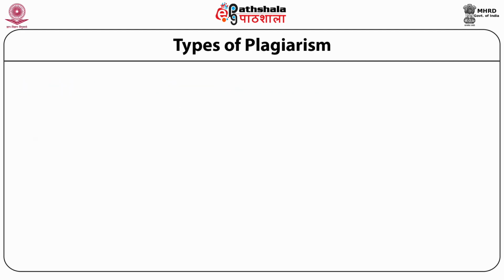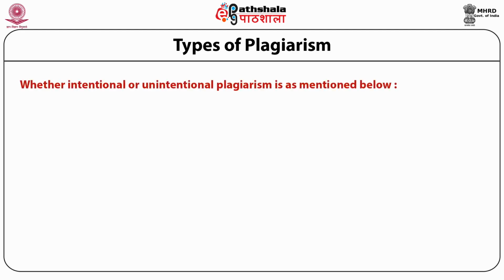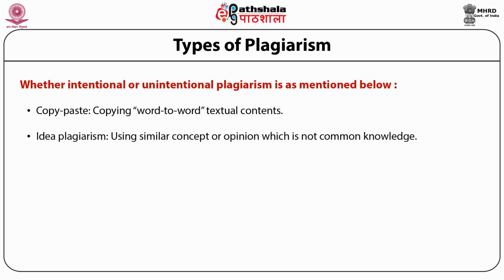Types of plagiarism. Plagiarism may be whether intentional or unintentional. It is of the below defined types. Copy paste, that is copying word to word textual contents. Idea plagiarism, using similar concept or opinion which is not in common knowledge.